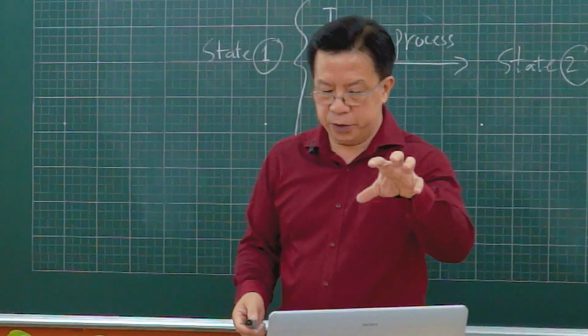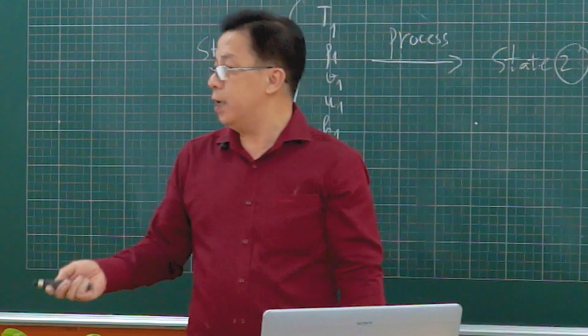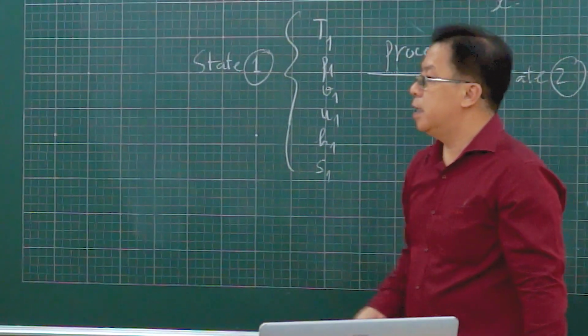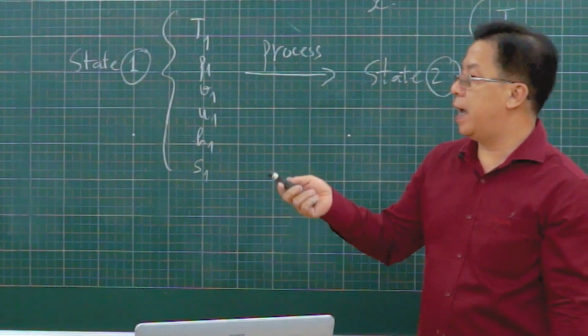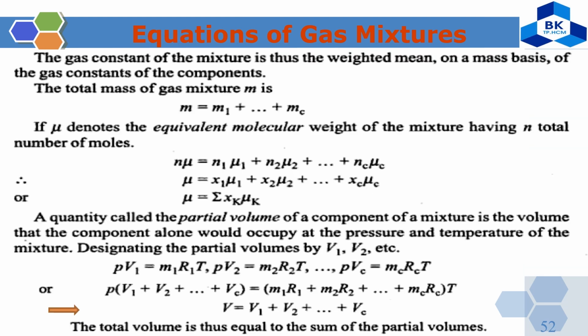The total number of moles is equal to the number of moles of each gas. And the same thing, we can prove for the weight: the total mass of the gas mixture M is equal to M1 + M2 + ... + MC.